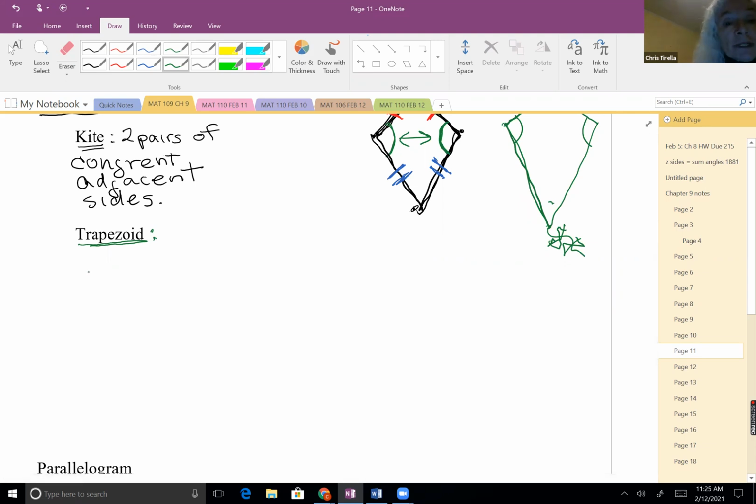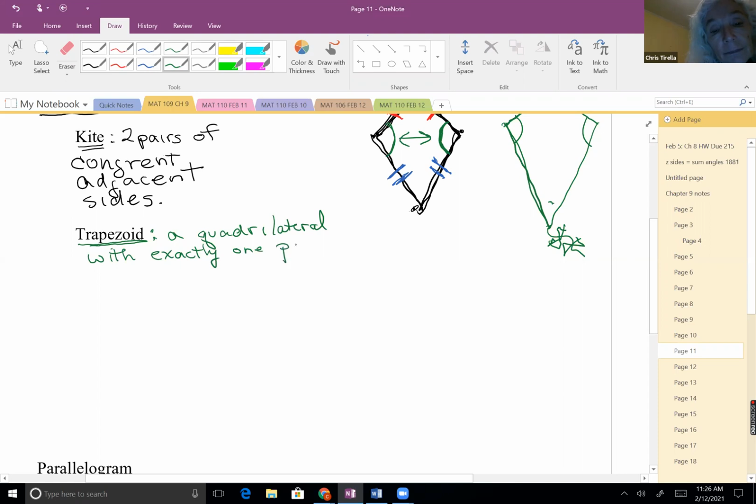Every other book that I've ever seen says that a trapezoid is a quadrilateral with exactly one pair of parallel sides. And so I'm going to work with this definition instead of the author's definition. Most math sources say that trapezoids have only one pair of parallel sides.